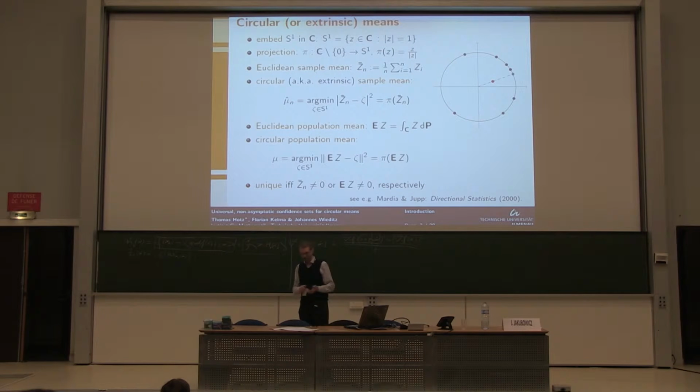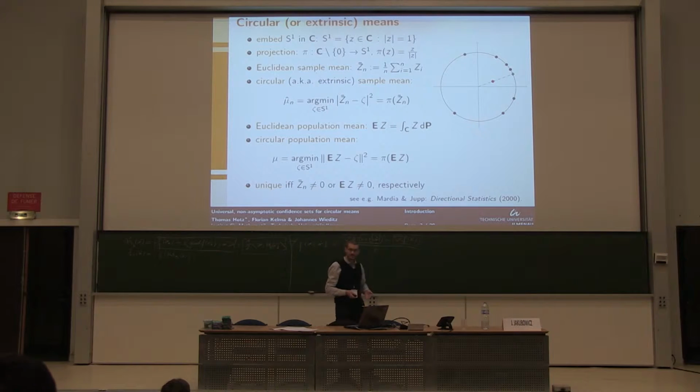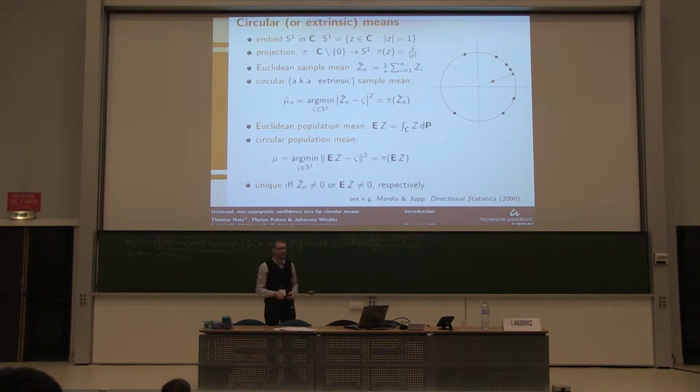Now the problem is that this Euclidean average, here the red point, if these are your data points, no longer is on the circle in general. But nonetheless, it specifies a direction, right? And you get the point back by projecting onto the circle, just by dividing by the modulus of your Zn bar. And that's then what is called the circular mean.